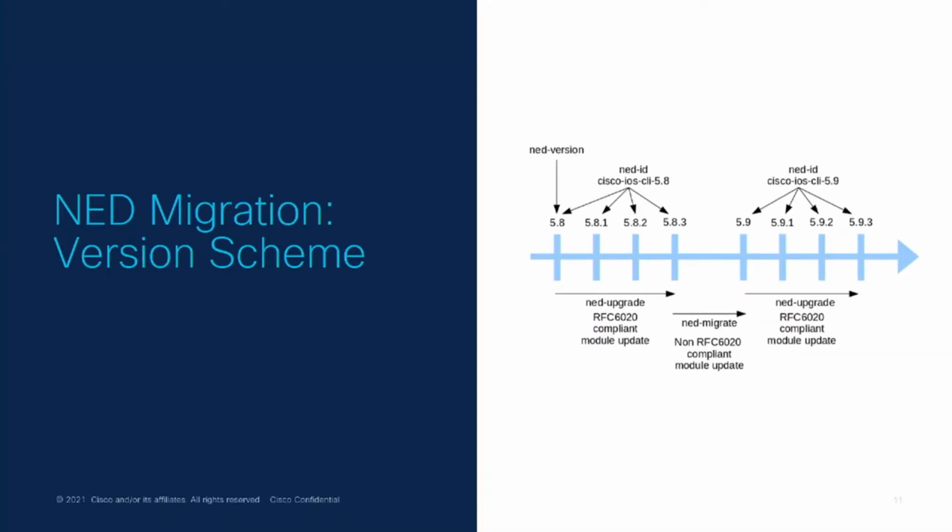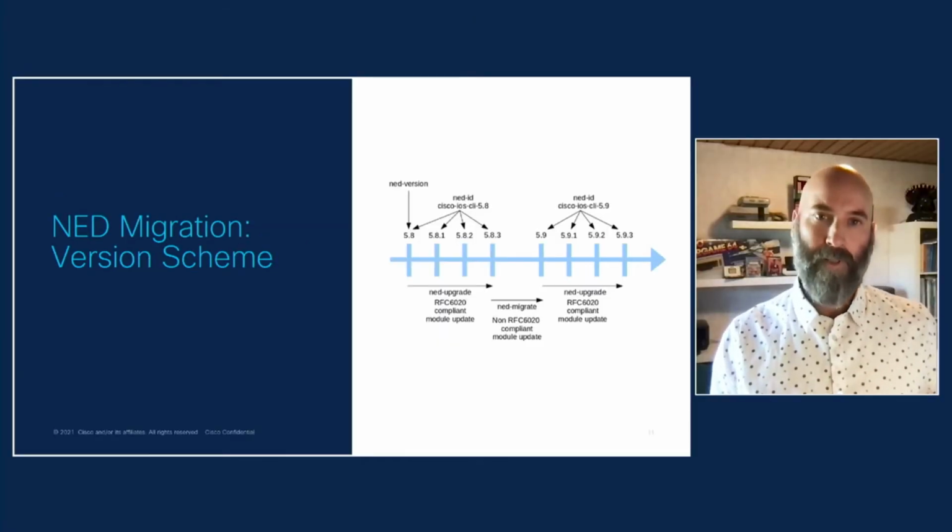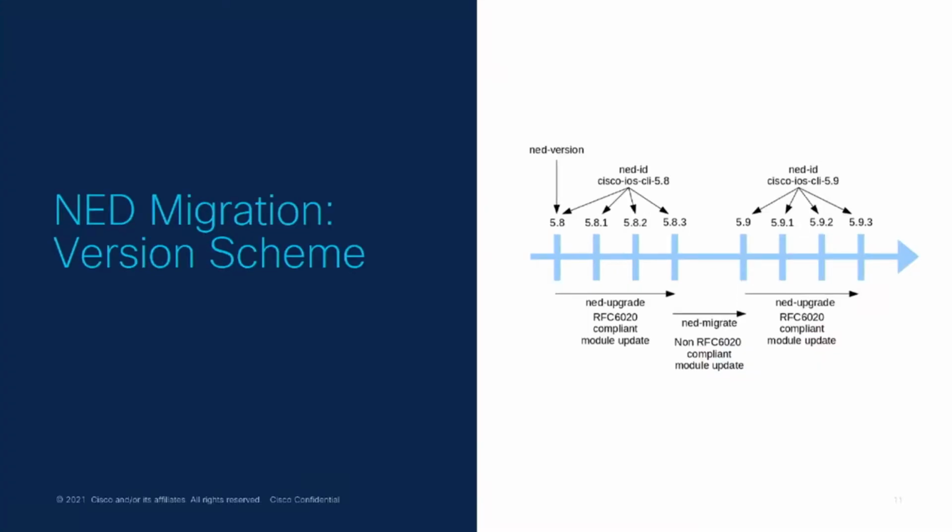In that process, while moving from 5.8 to 5.9, we will do a NED migration, which will help us see what has happened internally in the system, what model changes do we have, and will this impact anything? We have a tool for that in the CLI, which is the migrate action that we have on devices.